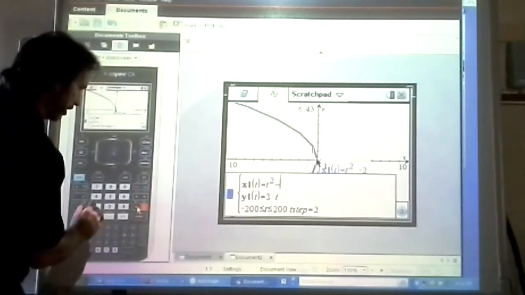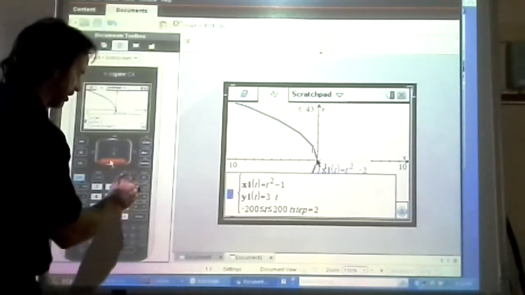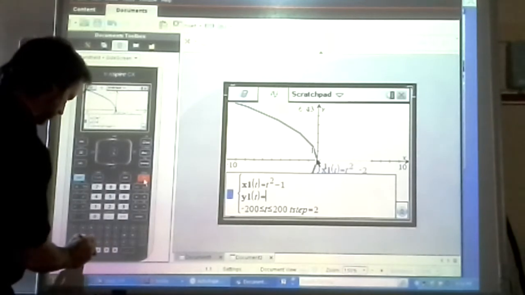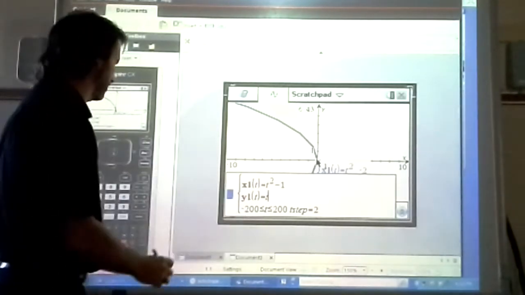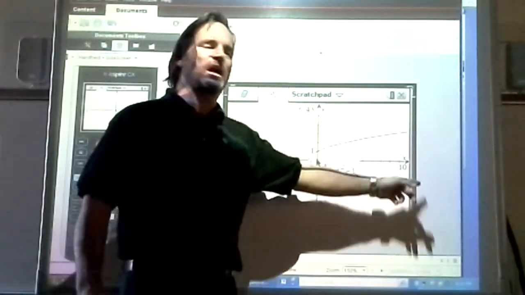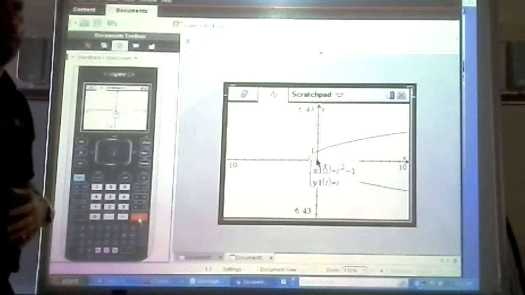So t squared minus 1. And this new one was just y equals t, so I'm going to delete that. y equals t. Okay, so t squared minus 1, so I'm changing this, and let me just hit enter. Here's my new graph, so now it's opening up to the other side. And here are my parameters.